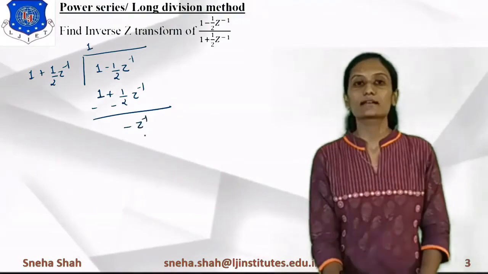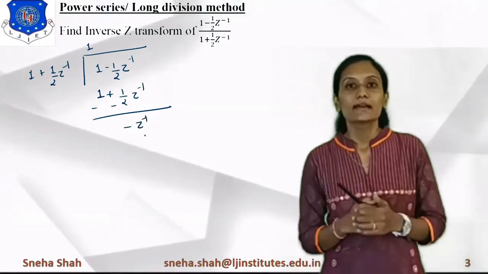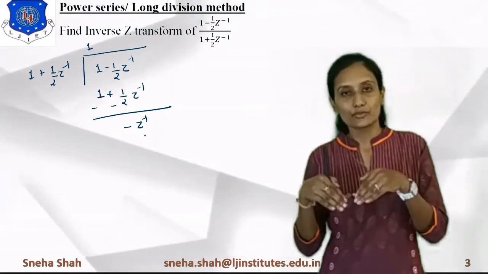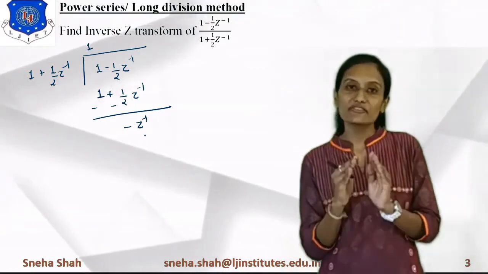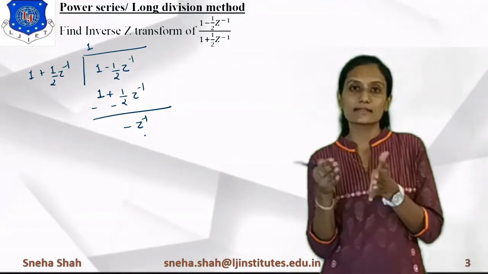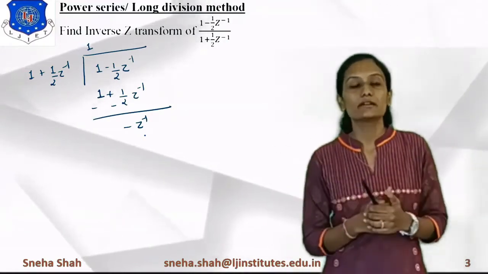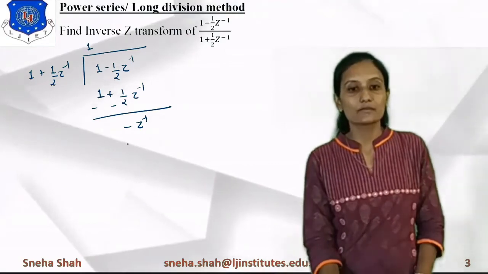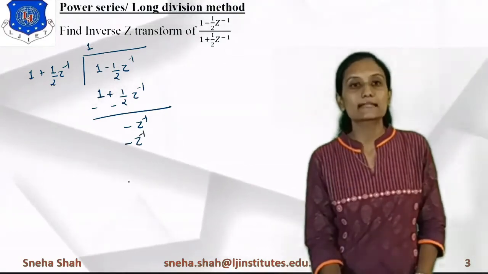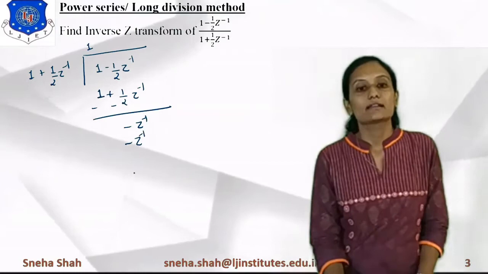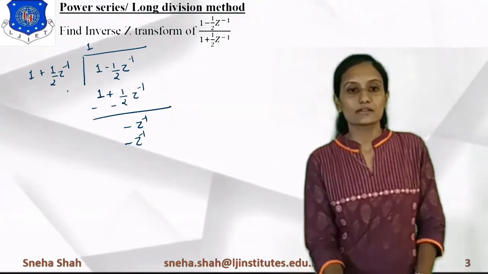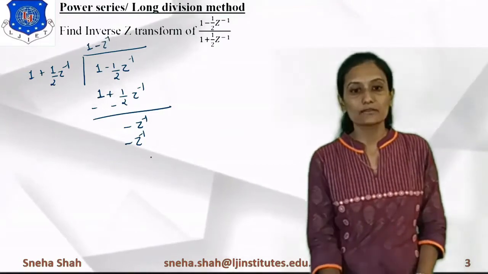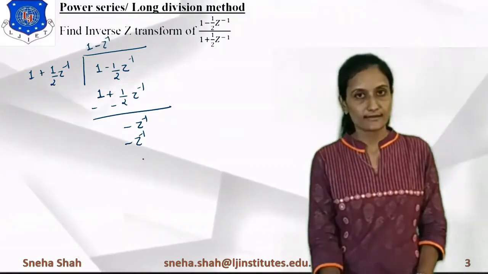Now over here one rule is there: if the term is in the form of plus, then the answer should be in the form of plus. And if the term is in terms of minus, then the factor should also be in terms of minus. So over here, we have to use Z inverse only, right? So 1 will multiply with minus Z inverse, and it will give minus Z inverse.